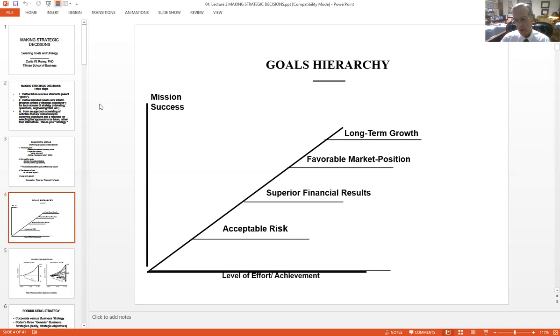But whether your industry is mature or not, strategies such as diversification, mergers, acquisitions into related industries, developing products that take you into related industries, those are the sort of things that management has to consider at that upper level. So this is the goals hierarchy, and it's a way for us to visualize in our mind's eye where the priorities for setting success criteria lie.